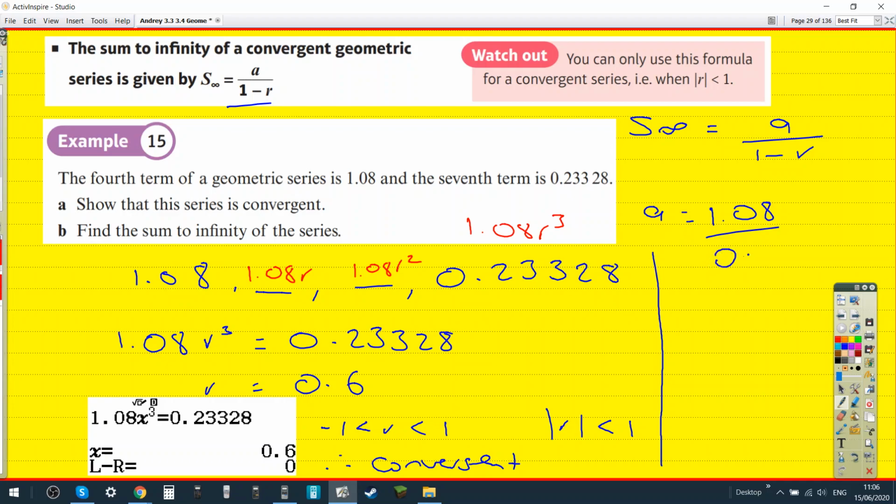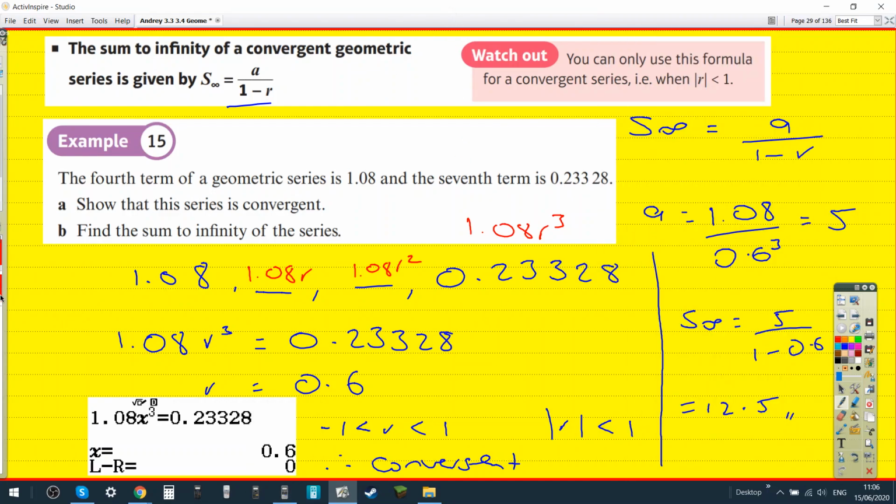Yep. I've got 5. That's great. And so my answer to the sum to infinity is 12.5. Equals 12.5. That's it.